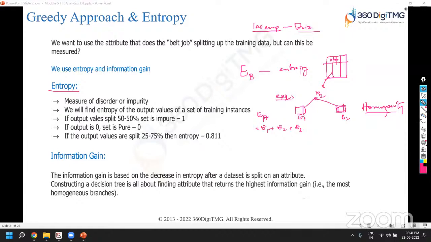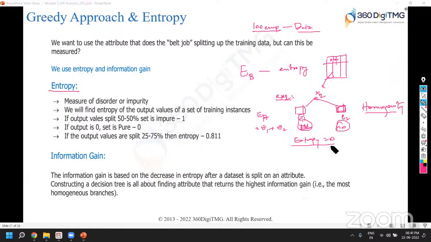Now, when you talk about these branches, let us assume that everything says yes in E1 and everything says no in E2. This is nothing but your homogeneity. There are no impure regions. So entropy in this case will become 0 if you don't have a mismatch.